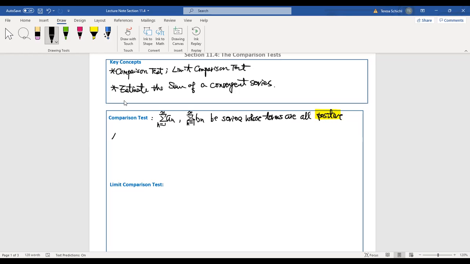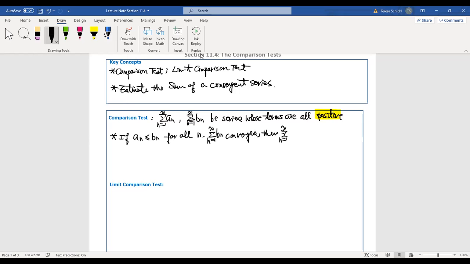That means my series is not alternating; it doesn't have positive and negative terms. The comparison test says that if an is less than or equal to bn for all n, and the sum of bn converges, then we know the sum of an converges.